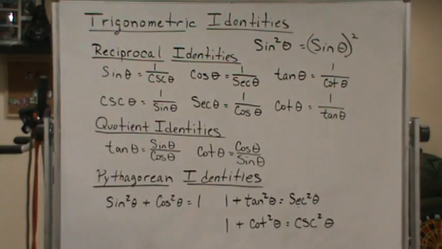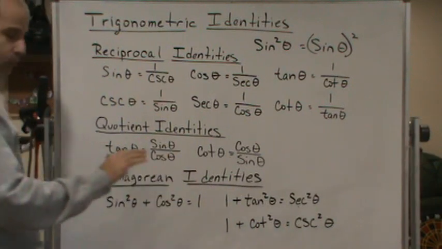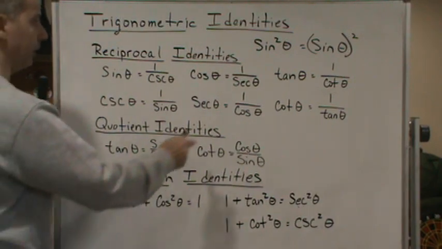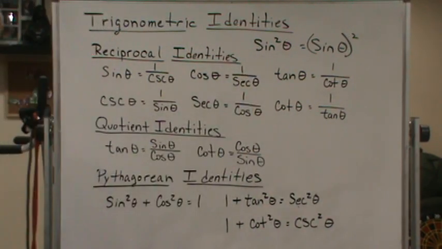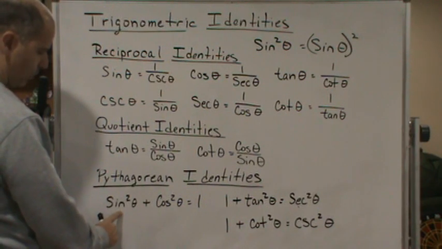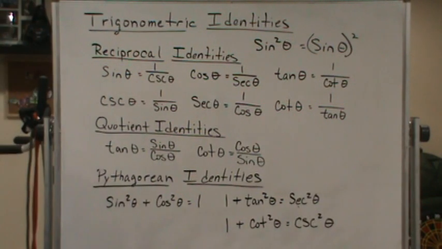So just realize that we're squaring the whole function, and that goes for any of these, cosine squared, any of them. Whenever we write a trigonometric function squared, we always write it this way. So the first one is that sine squared theta plus cosine squared theta is equal to 1.